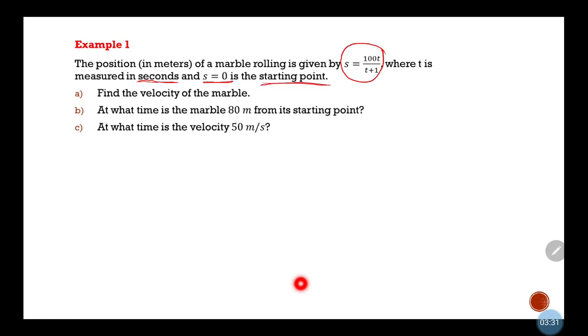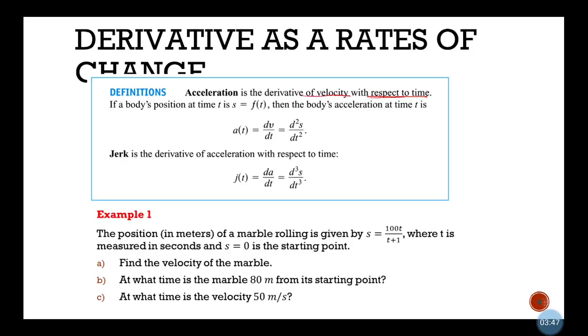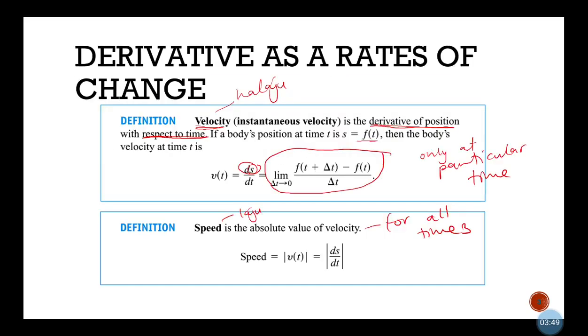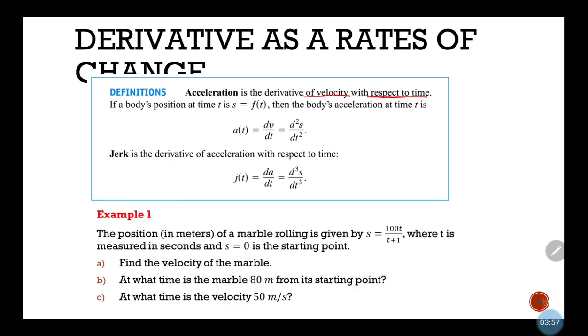The question is for us to find the velocity of the marble. Let's look back at the equation. Which one is velocity? It is ds over dt.